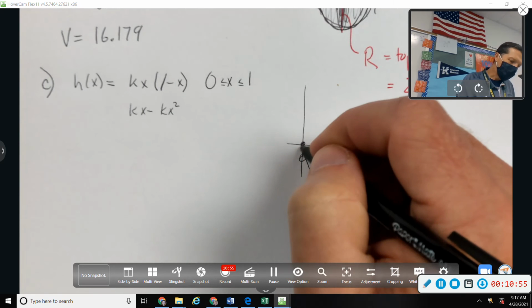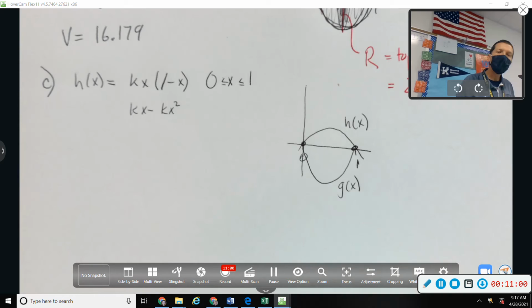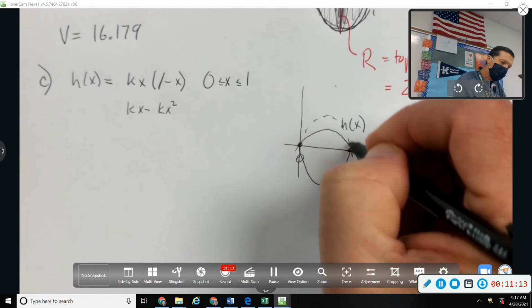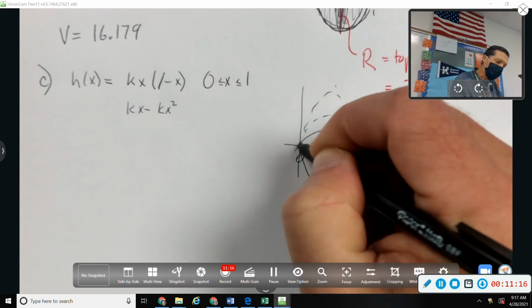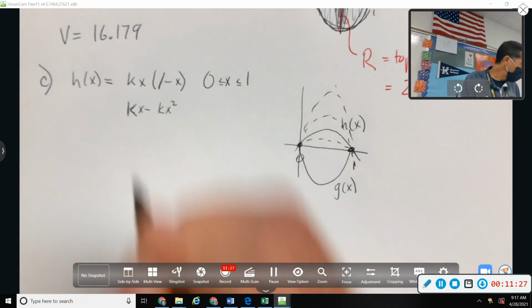So I don't really know what's going on here, but it looks something like that for h of x. Isn't it just the f of x function with a different constant? It sure is, yeah. So it definitely looks like f of x. It's just got a stretchy constant on there that might make it taller, or really tall, or maybe shorter. So that depends on what k is. So yeah, it is the same, or not. It's related to f. Like if k is 2, then it's f.